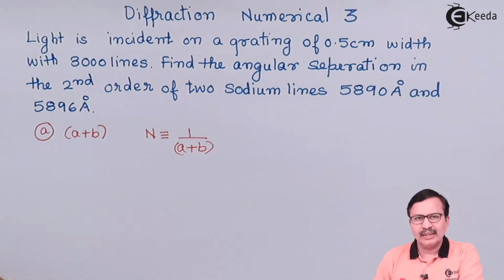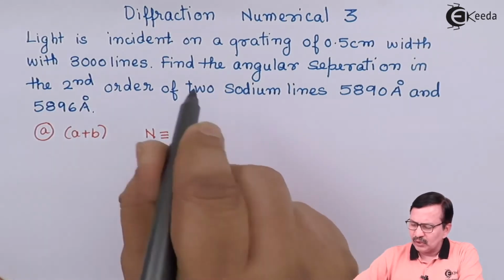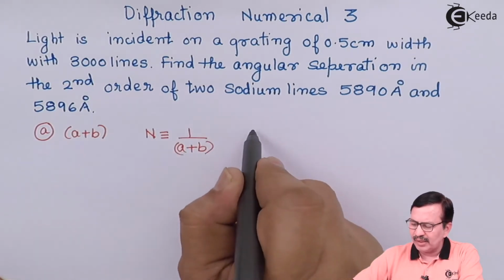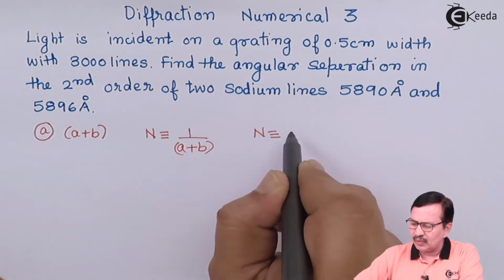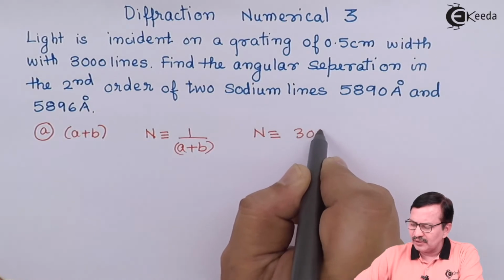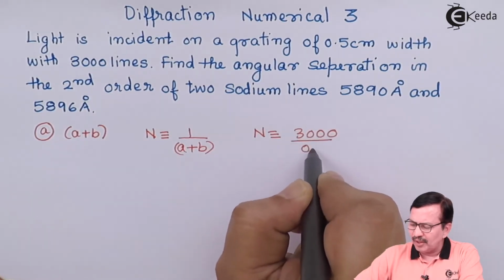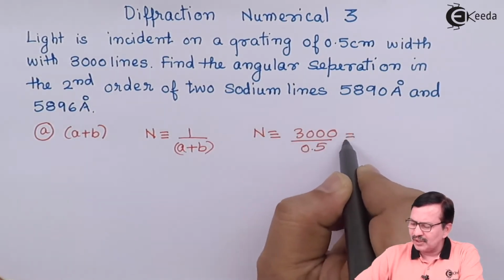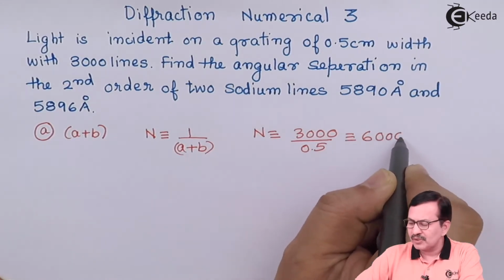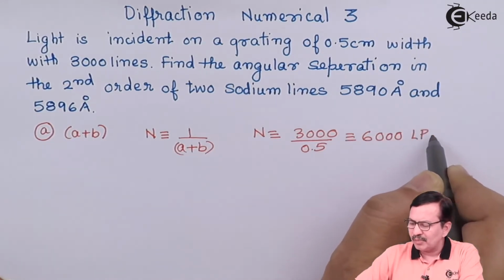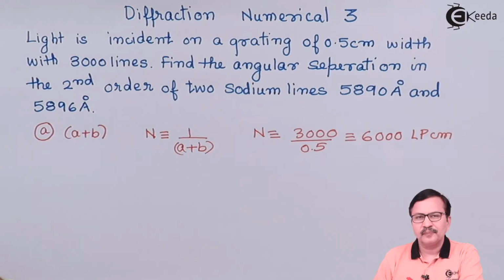But what we want is the total number of lines per centimeter. So N will be equal to 3000 divided by 0.5, which is equal to 6000. So many lines per centimeter.